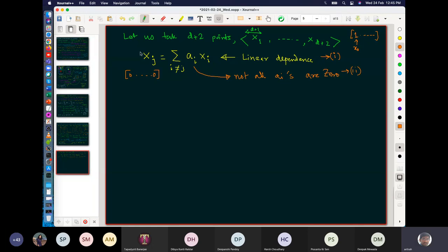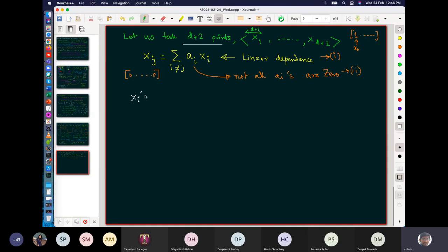If you agree till this point, now I will tell you to consider this dichotomy, whether I can realize it or not. So when I say I could not realize all dichotomies with d plus 2 points, I will give one counter example dichotomy. That will suffice to prove that all dichotomies are not realizable. So consider the following.